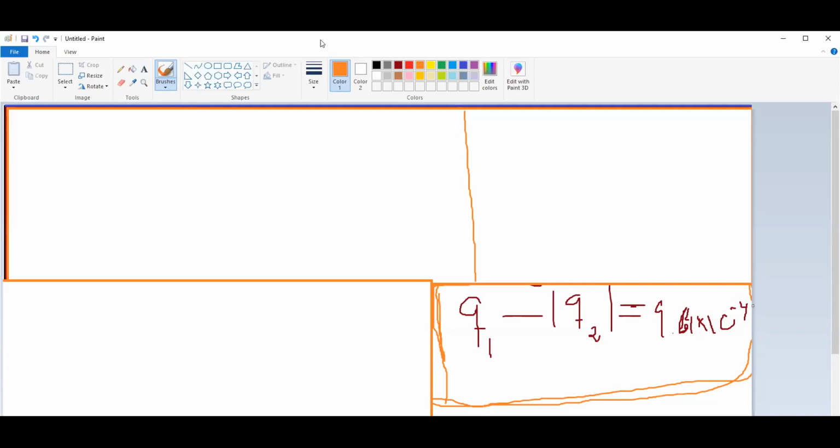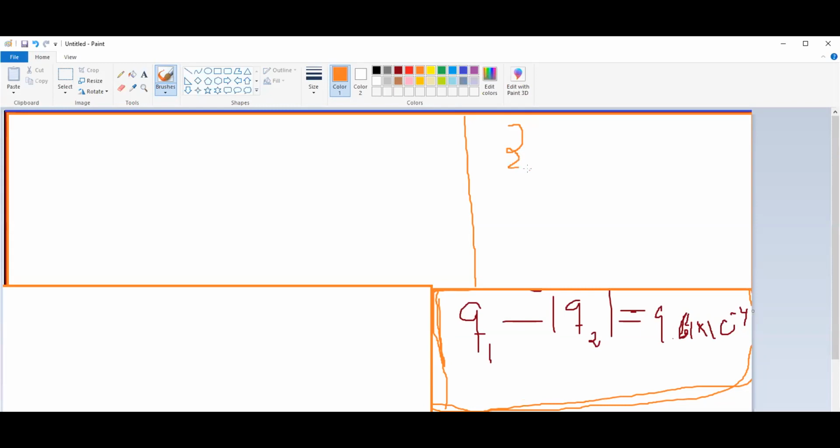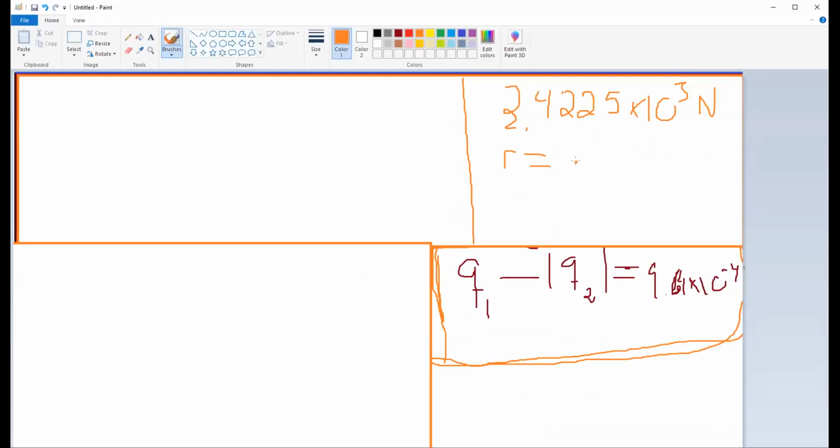Tension is 3422.5 newtons, which is 3.425 times 10 to the 3 newtons, and they are 0.78 meters apart. So R is equal to 0.78 meters. I'm going to just use 0.78 so I don't have to use a 10 to the negative 1.